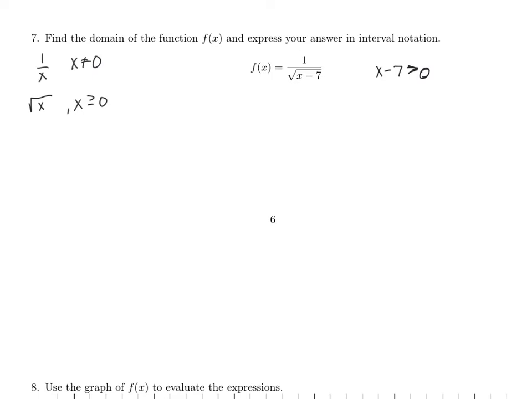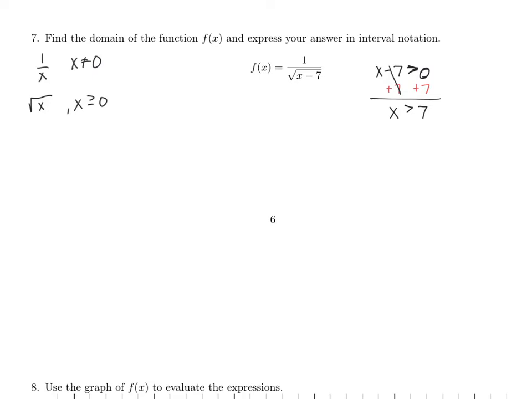And it has to be bigger than 0 for the square root. All you do is solve that, and that gives you your domain. So x has to be bigger than 7. Anything that's larger than 7 will work. Anything that's less than 7, or 7 as well, will give you an error, and it won't exist.